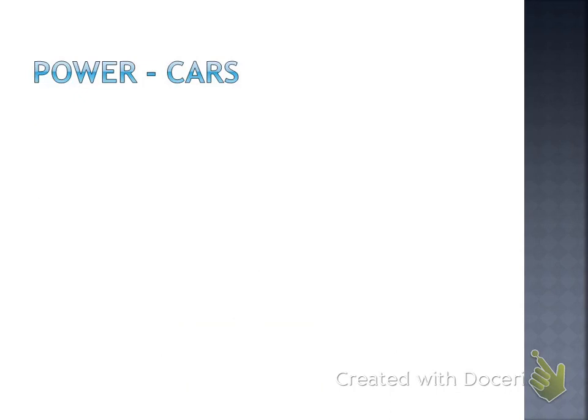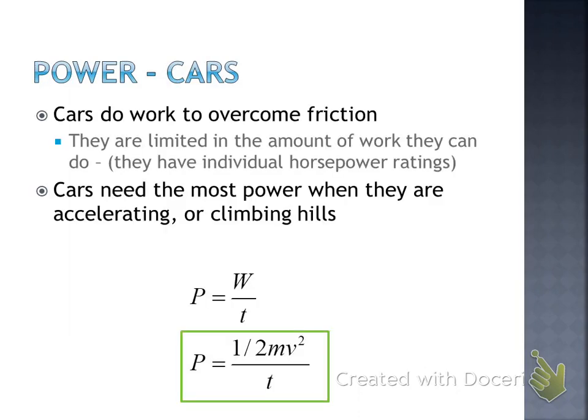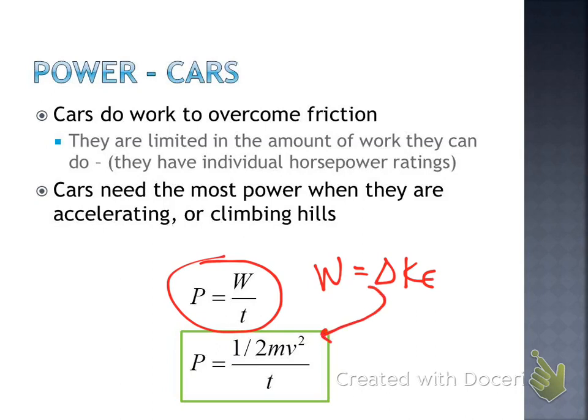Okay, so our equation that we use for cars is still the same base equation, work over time, but we know that work can be a change in kinetic energy, which is where this comes from: 1/2 mv squared. So you need to make sure we're thinking here, this really could be 1/2 m velocity final squared minus 1/2 m velocity initial squared.